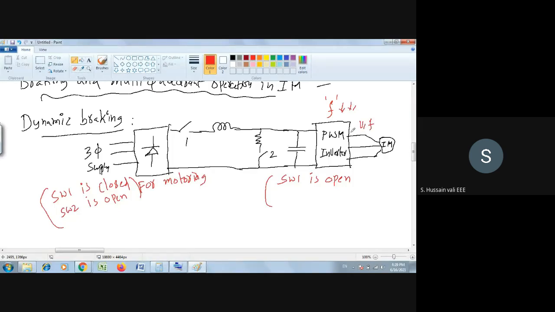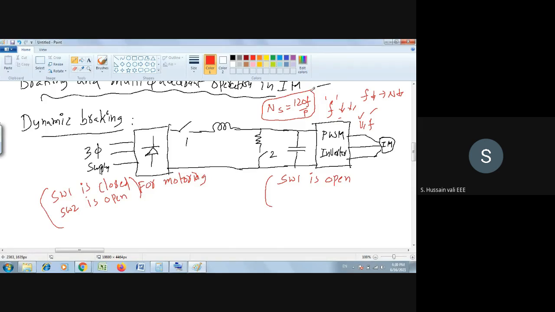By controlling the PWM inverter, you can control the voltage and also the frequency. Say, for example, I reduce the frequency. When F is reduced, then your N also gets reduced. The synchronous speed Ns is equal to 120 F by P, so your Ns will get reduced.